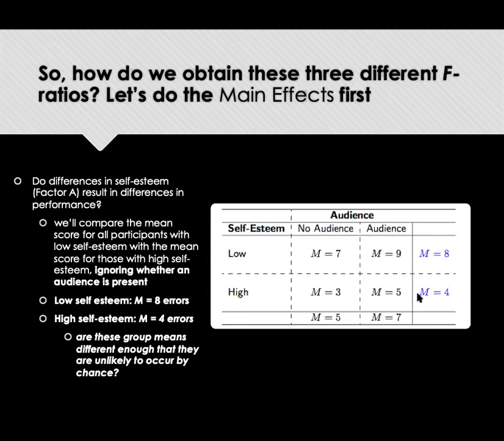We're looking at the differences between two or more means and trying to ask and answer, is this difference that we see due just to chance and sampling error, or are they meaningfully or significantly different? Again, main effects ignore the treatment differences caused by the other factor, right? So we're ignoring any differences that we see in the audience factor.